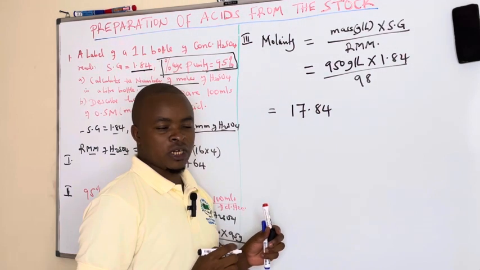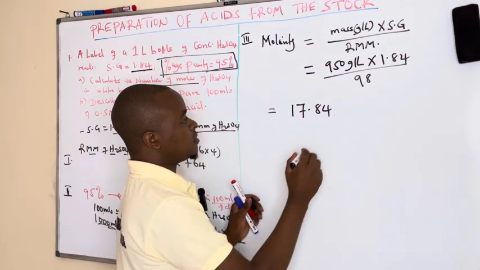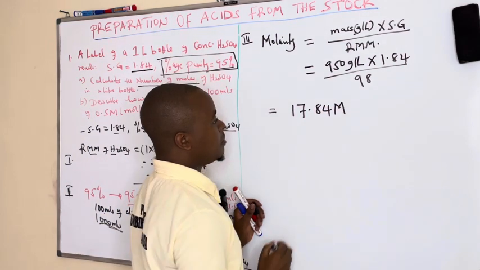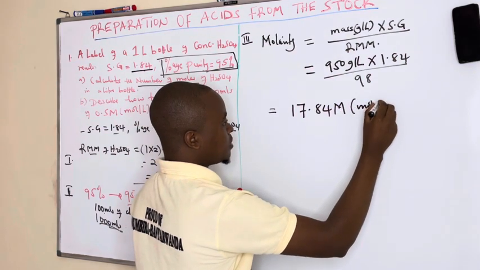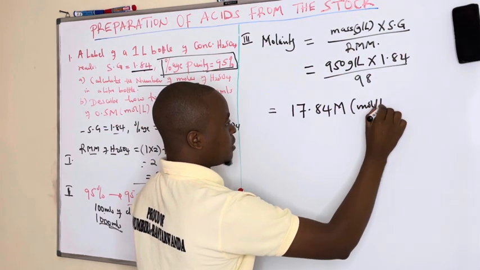I'm putting it into two decimal places, molar. You can say molar, or you can say moles per liter.